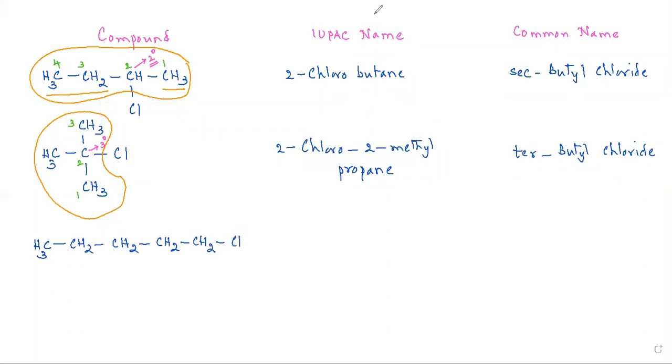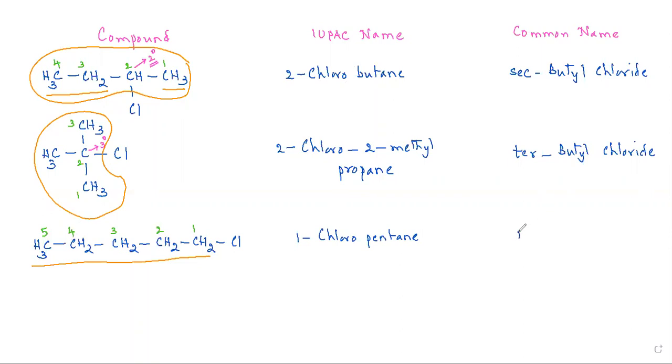This one. See, it's 1-chloropentane. Arrangement is normal. A straight chain of carbon atoms is what you have.